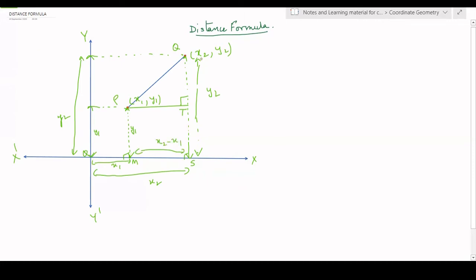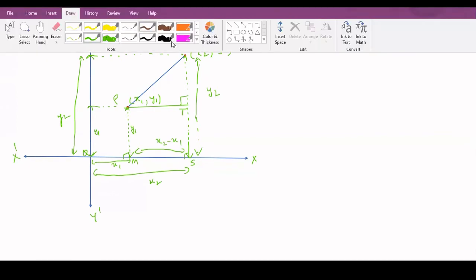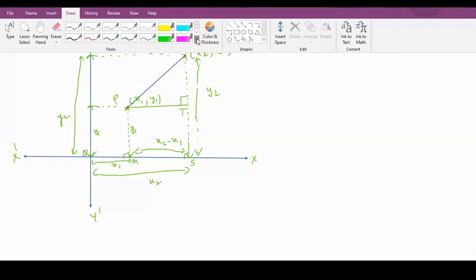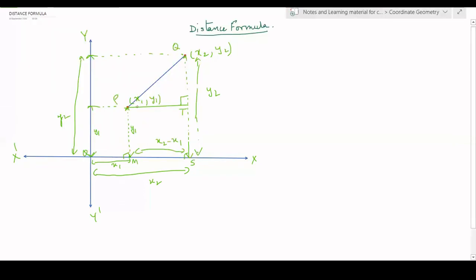Then we have the distance PT, which is equal to MS as x2 minus x1. This distance PT.